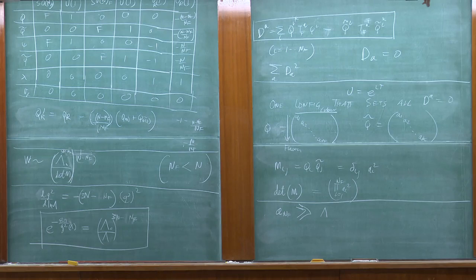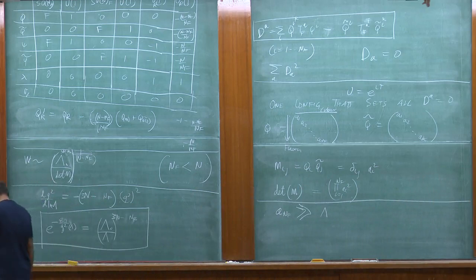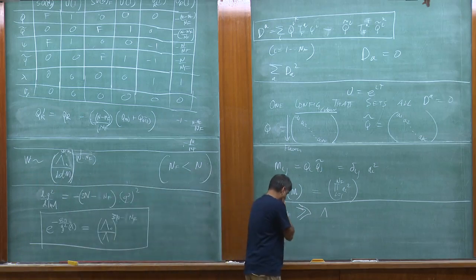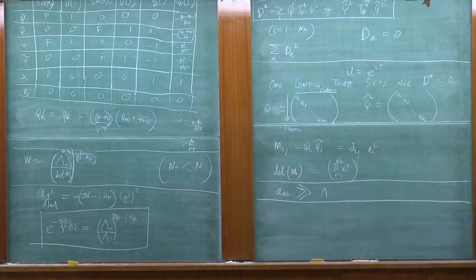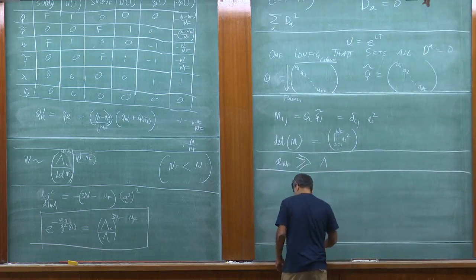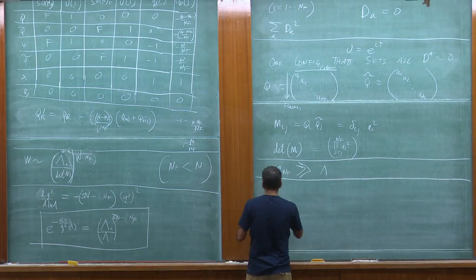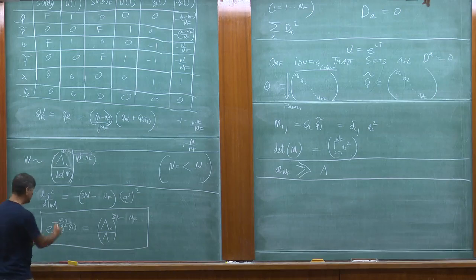Okay? So now let's see how this works quantitatively. The beta function equation here tells us how the running of the gauge coupling goes as a function of scale.